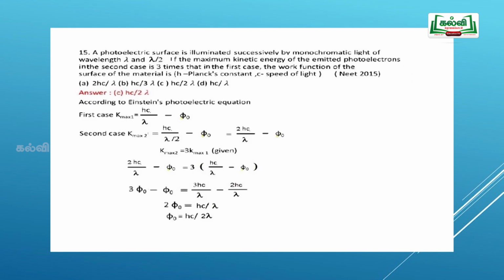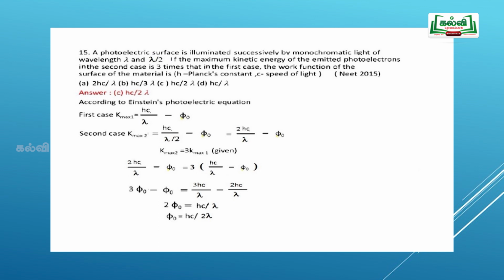Next we will move on to the next question. The 15th question. A photoelectric surface is illuminated successively by monochromatic light of wavelength lambda and lambda by 2. If the maximum kinetic energy of the emitted photoelectron in the second case is 3 times that in the first case, the work function of the surface of the metal is, where h is Planck's constant and c is speed of light.